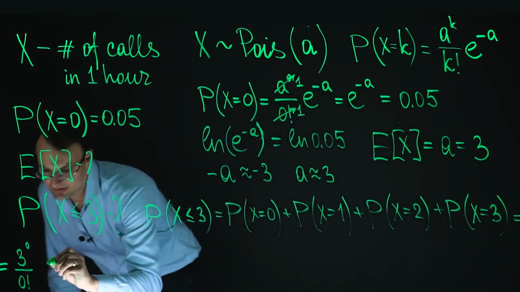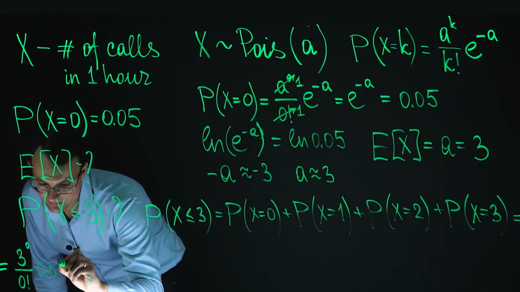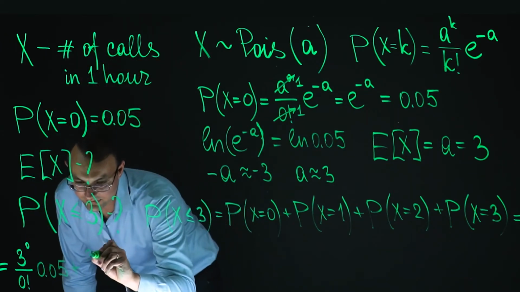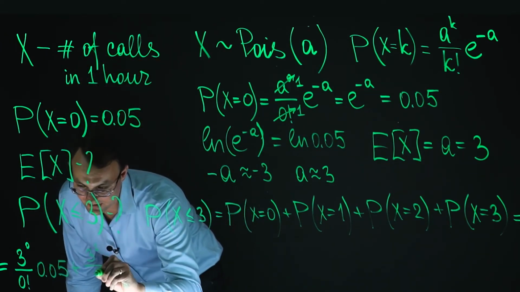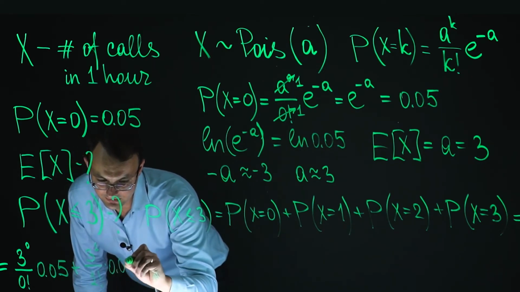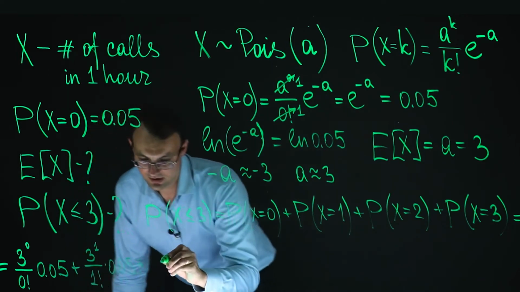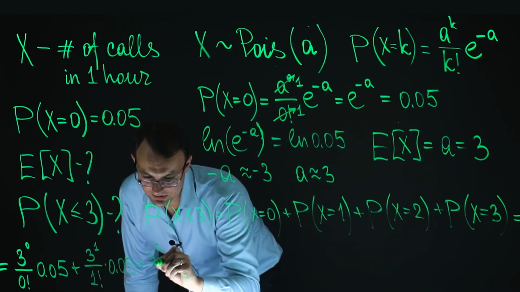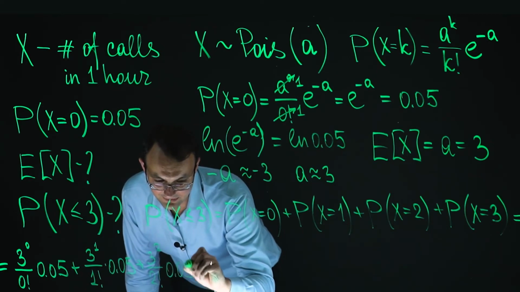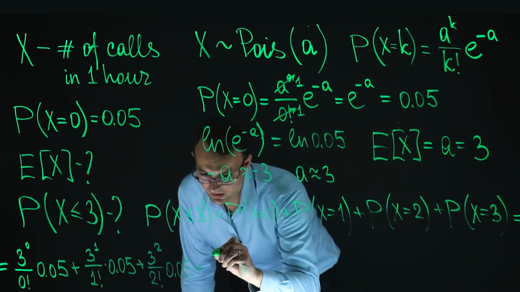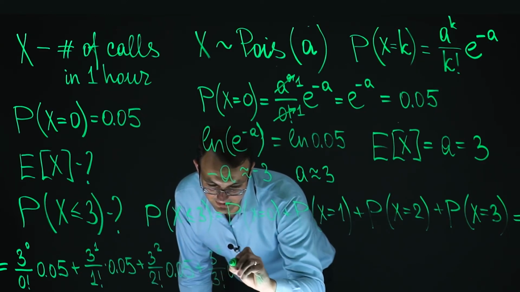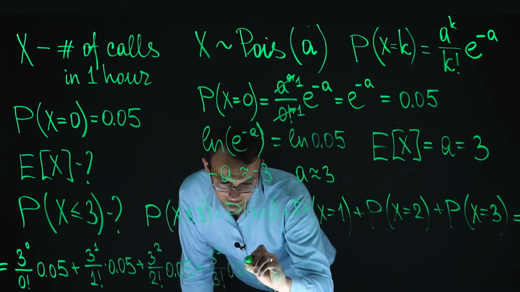I'll use this equality. So plus 3 power 1 divided by 1 factorial times 0.05 plus 3 power 2 divided by 2 factorial times 0.05 plus 3 power 3 divided by 3 factorial times 0.05.